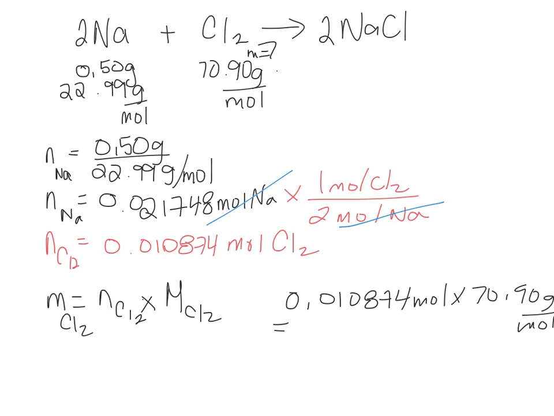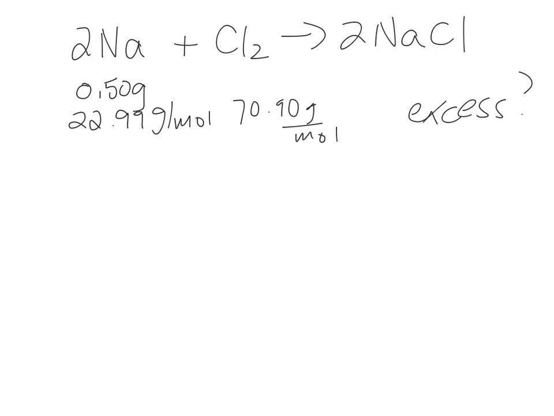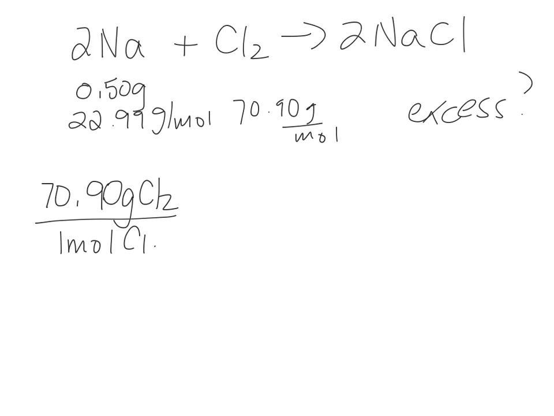Anybody tell me what that is? If we want to know the mass of chlorine, we're going to start with the molar mass of chlorine because it's got grams of Cl2 where we want it. We want to get rid of moles of Cl2 because it's on the bottom, so I need to use something with moles of chlorine, but the only thing I have left is my mole ratio.